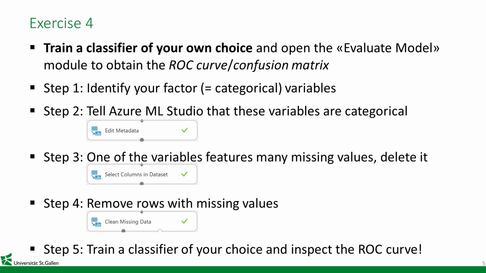The first step is to identify your factor variables. We already briefly discussed that we have 4 factor variables in our dataset. You will then have to tell Azure that these variables are indeed categorical. You can do so by using the edit metadata module.